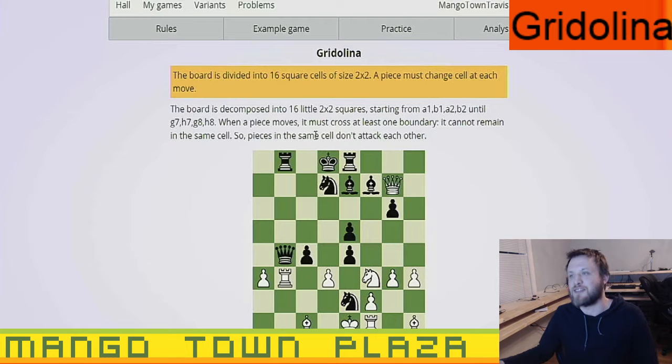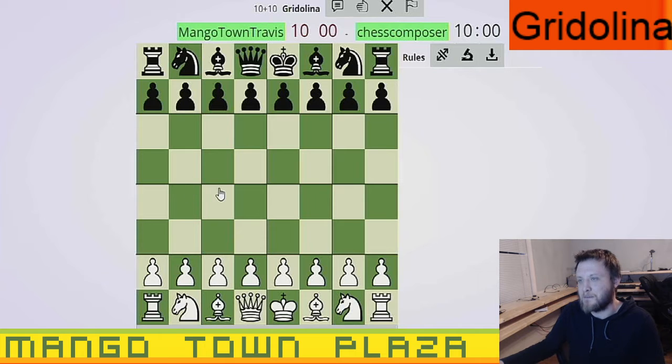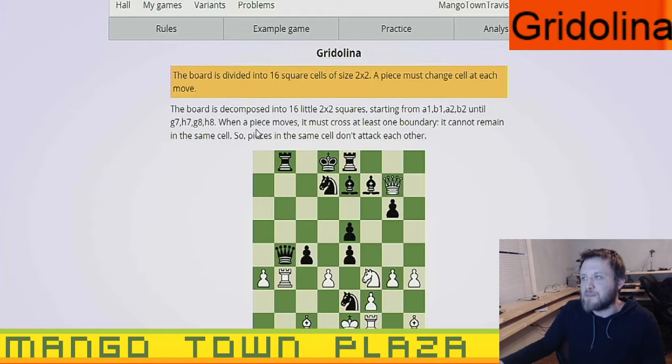But only pieces, not pawns. Pawns as well. Pawns and pieces. Okay, does it say that in the directions? It says pieces, but I've come to realize that generally in these rules on VChess, that means pawns and pieces. VChess has no authority on anything, so VChess is just wrong, right?